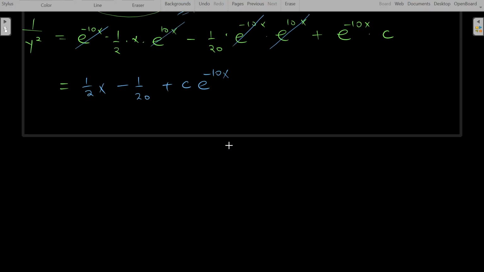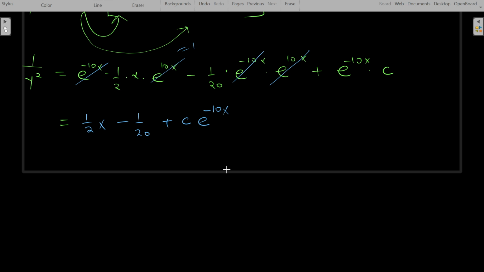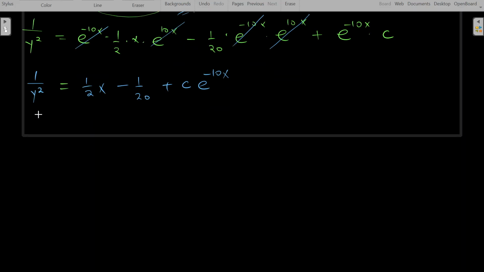As you can see, the math is quite simple. So let's continue. This is 1 over y squared, and this is what we have gotten as our answer. I can write this as x upon 2 minus 1 over 20, plus c divided by e raised to 10x.